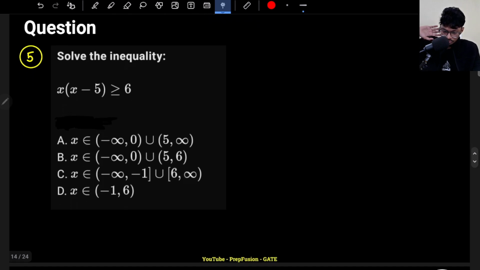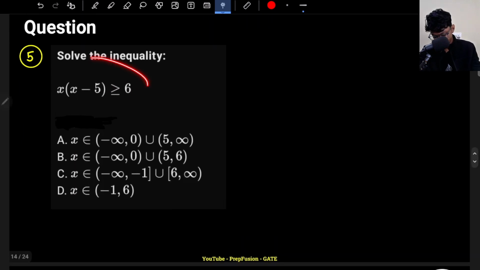Okay. So now we'll come to type 3 of these types of questions, where on the right hand side I don't have a 0. I told you at the start of this wavy curve method that you have to make them 0. So even if this is not 0, I have to make it 0. So I will subtract 6 on both sides.